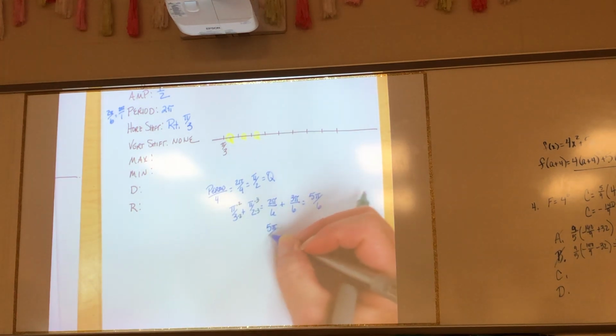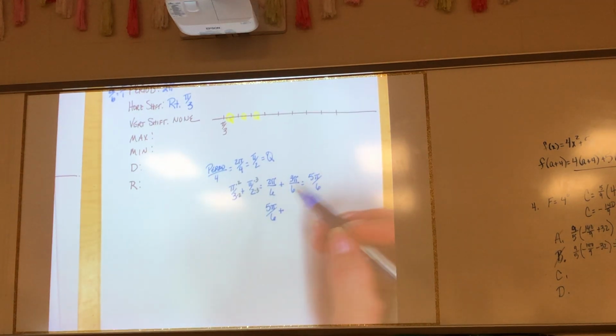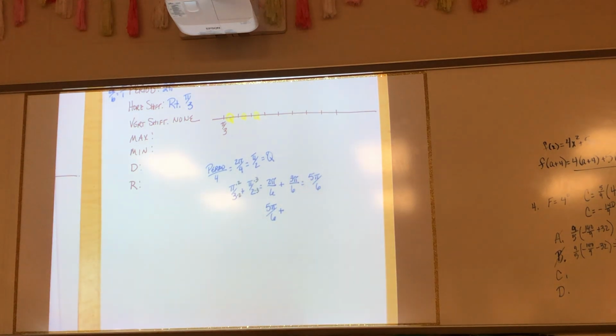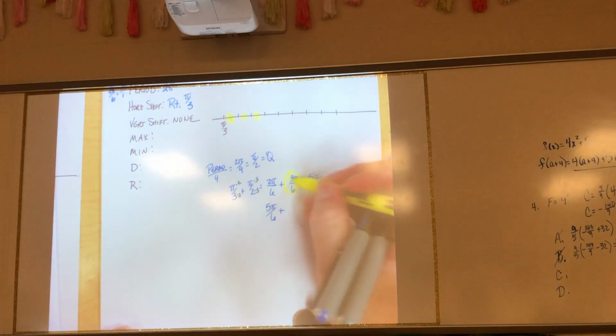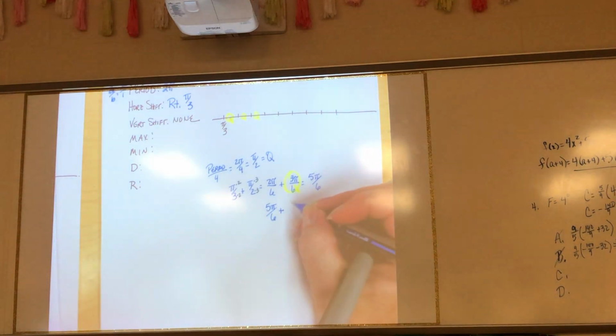Now what am I going to do at that point? 5 pi over 6 plus pi over 2. But look, do we have to reinvent the wheel every time we get in the car? Is this pi over 2 with a common denominator? I've already got a common denominator. This is my Q that's going to be so helpful for me. So that's the one I'm going to use.